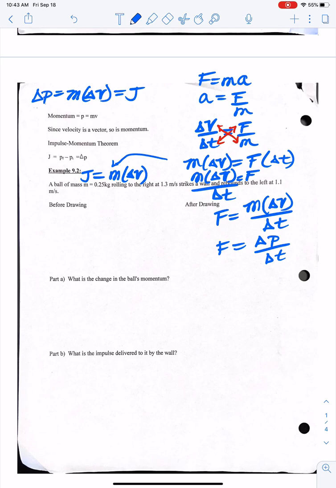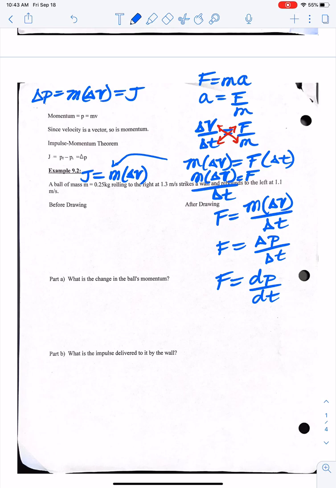And if this was calculus, you might recognize it as F equals dP over dt. So the derivative of the momentum function with respect to time is equal to force. And what else can we say there?